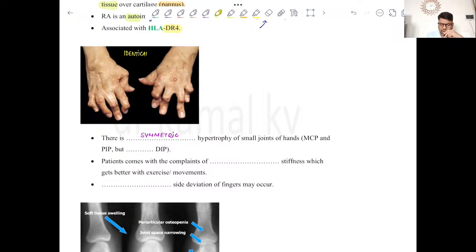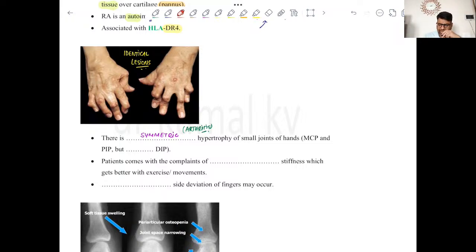So identical lesions or identical deformities in both the hands, and therefore we use the word symmetric arthritis.